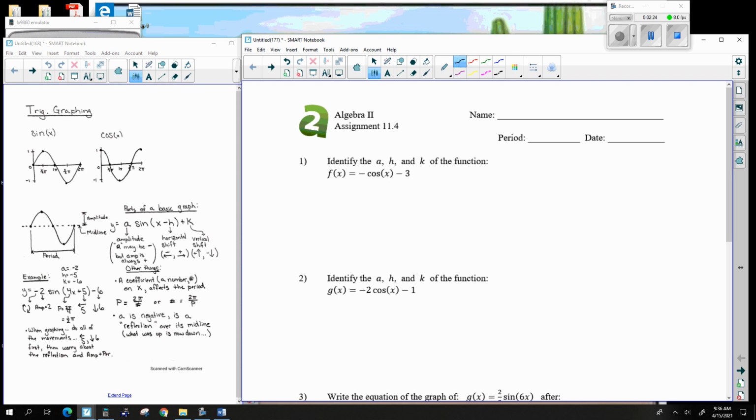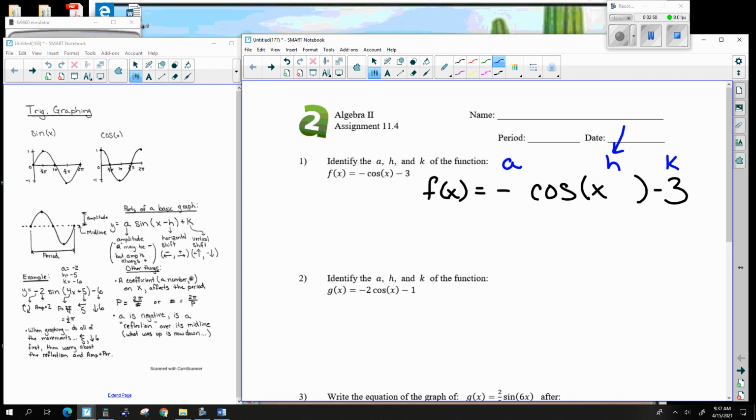All right, so here we go. So here we have f of x is equal to negative cosine x minus 3. And they're asking for an a, h, and k. Recall that a, h, k, and then the h, just like that normal, that x motion is a liar. So it's an opposite of what you would think.